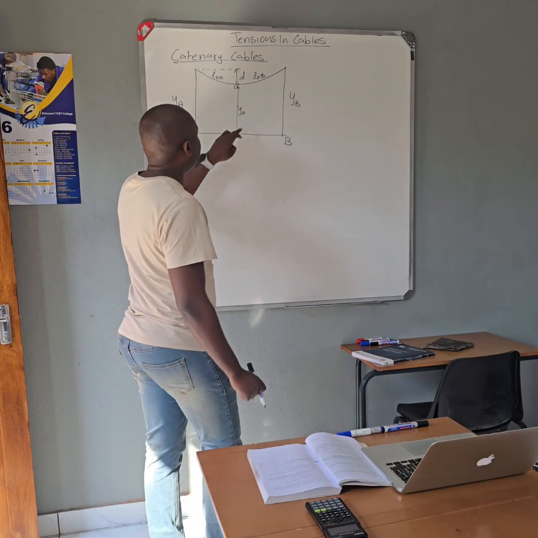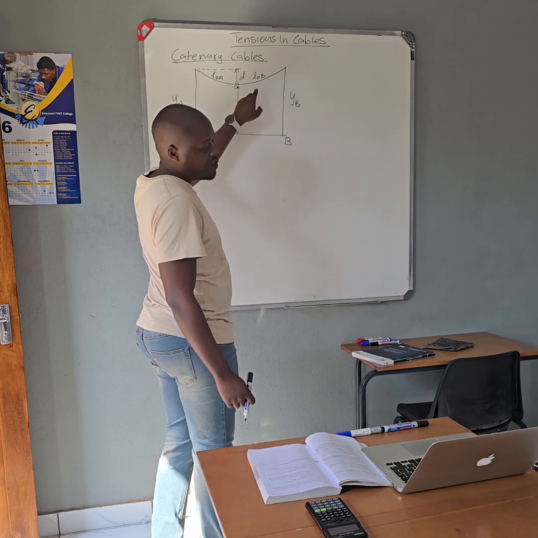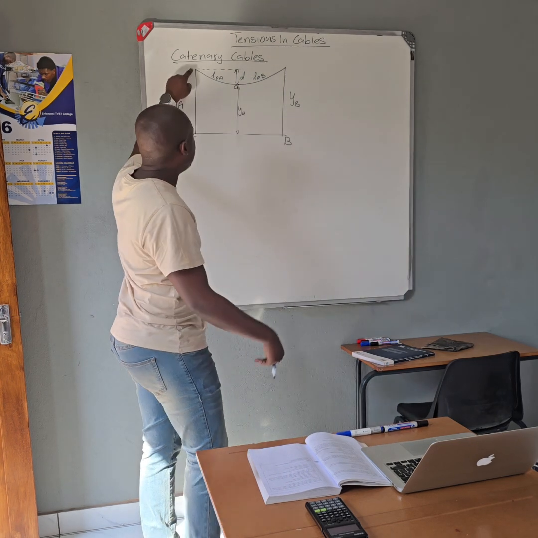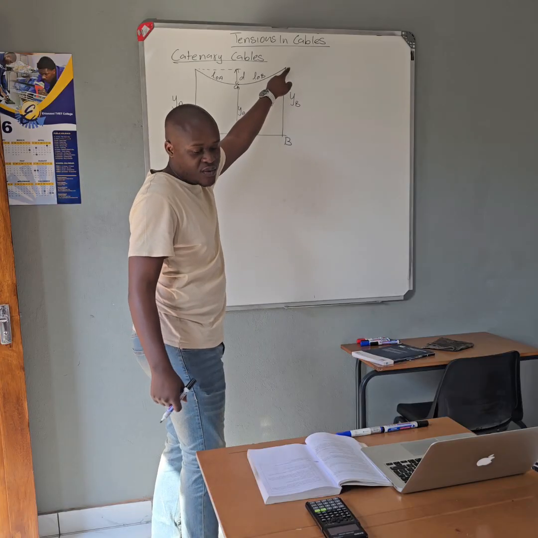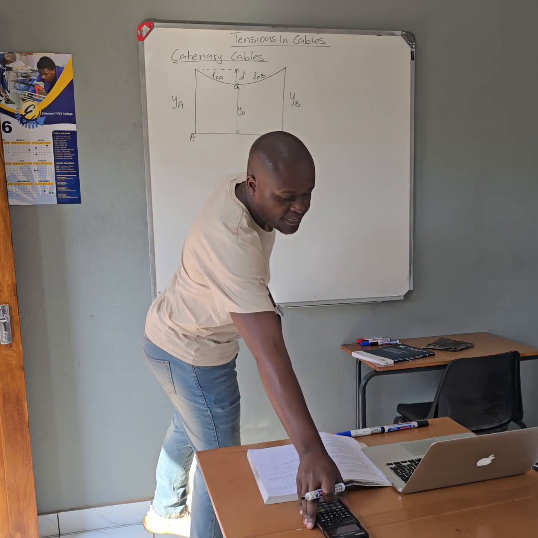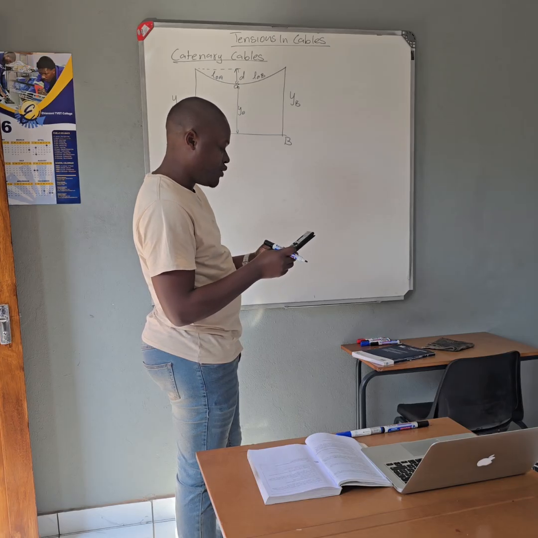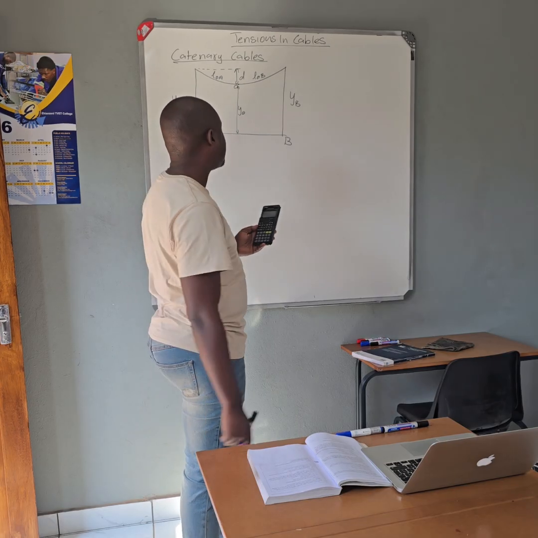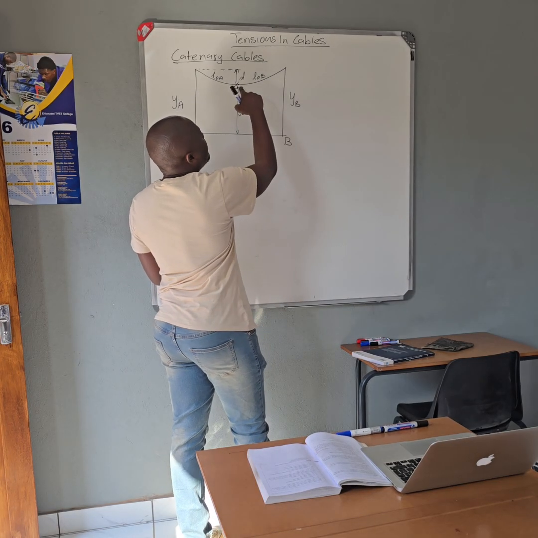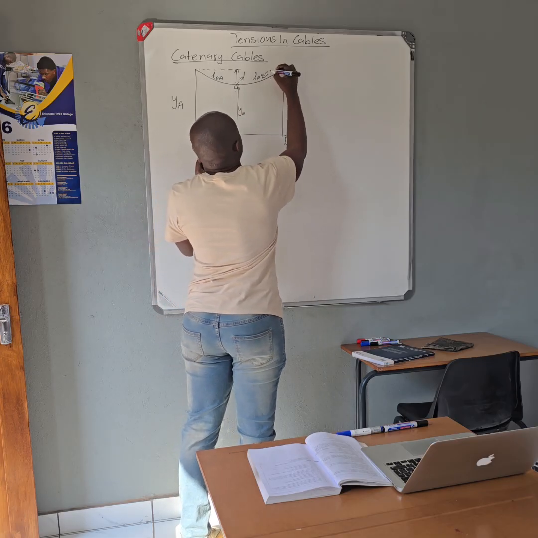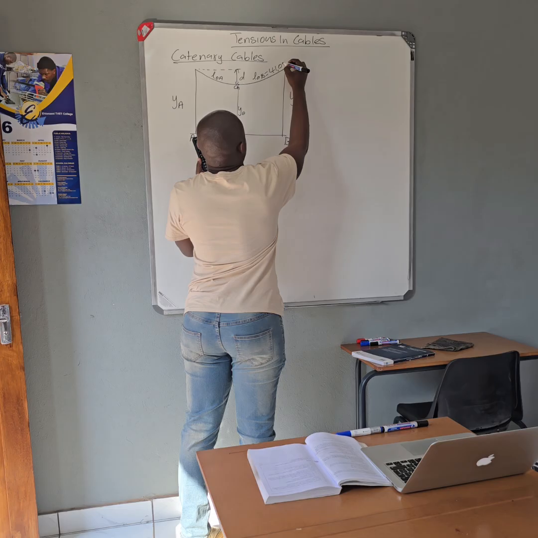On this one, we are given the length of the cable from here all the way to there, 82.1. When you divide 82.1 by 2, you get 41.05. So the length of the cable from here to there is equal to 41.05.